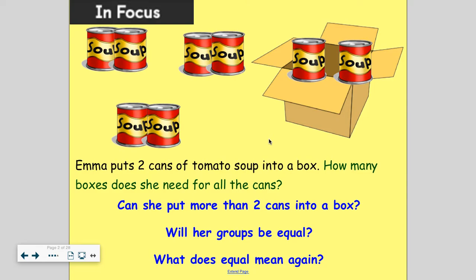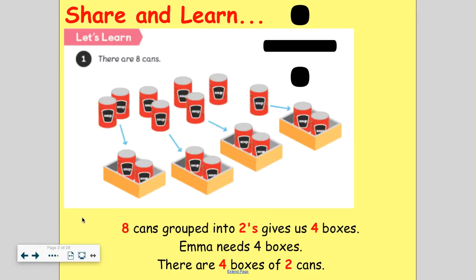So how many boxes must Emma have needed? Well, to know this, we need to count up the groups of 2. 1 group of 2, 2, 3, 4. There's 4 groups of 2, so Emma needs 4 boxes altogether. We can see here, Emma had 8 cans.